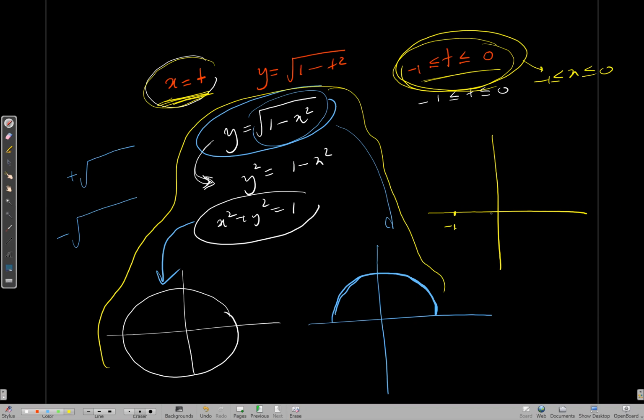So -1 here, 0 here. So we are actually talking about this part, and the starting point is t equals -1. Since x is parameterized as t, x also starts at -1, so it goes like this. I hope that example makes sense.